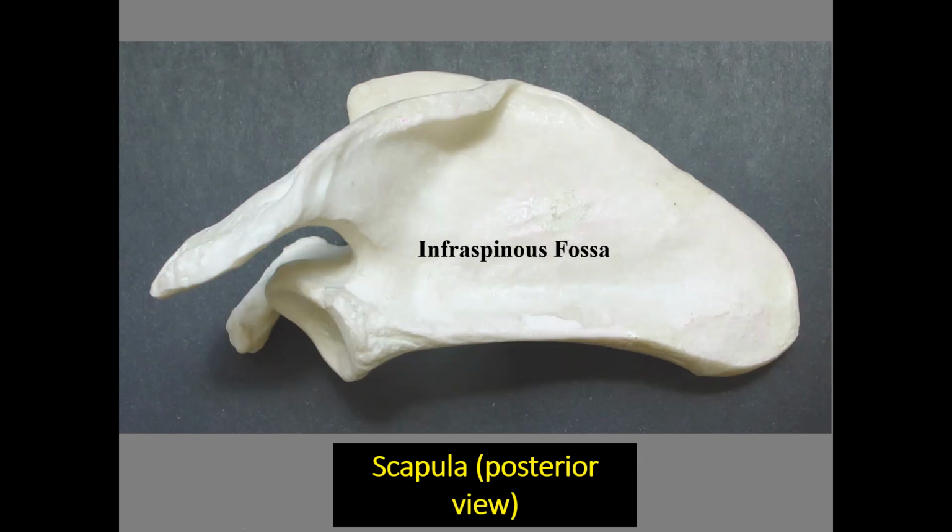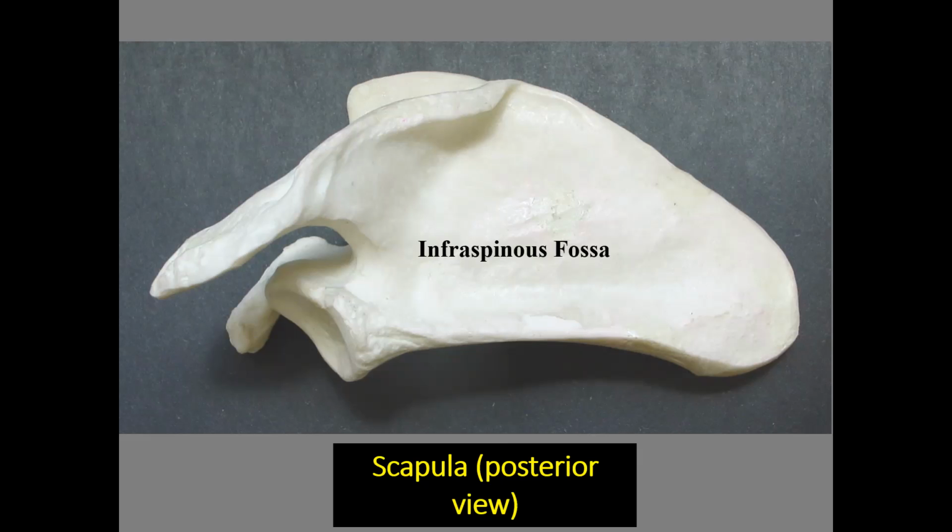If you've ever heard the term rotator cuff muscles, the infraspinatus is one of the 4 rotator cuffs. We'll talk all about them when we get into muscles, shortly after we get done with the bones. Now, infraspinatus sits in the infraspinous fossa. What came first? Well, probably the name of the bone before the muscle.